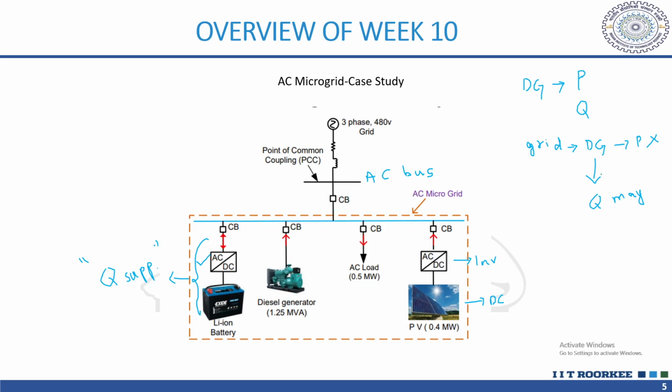So specifically for the grid connected mode, for the Q control, basically for regulating the voltage at this bus, we require this DG. And then when we go for islanded mode of operation, we require both P and Q support from the DGs.